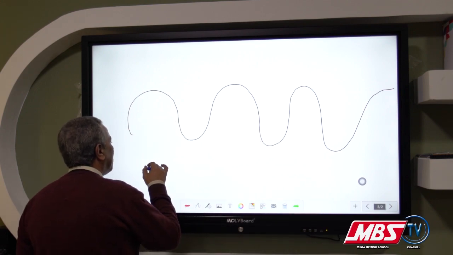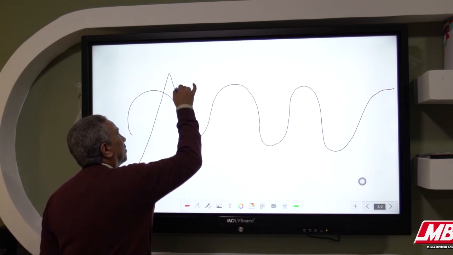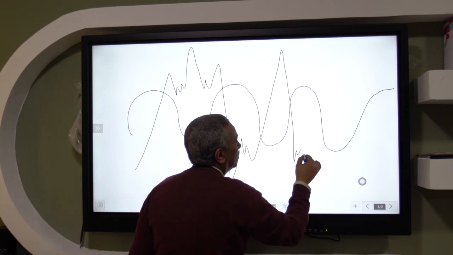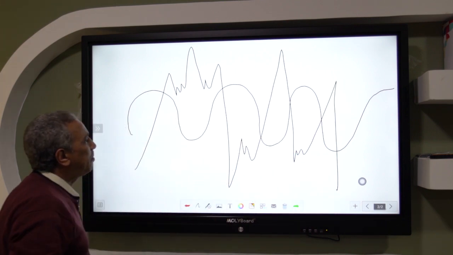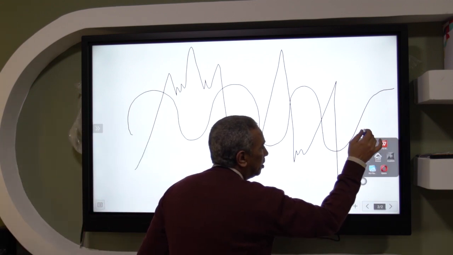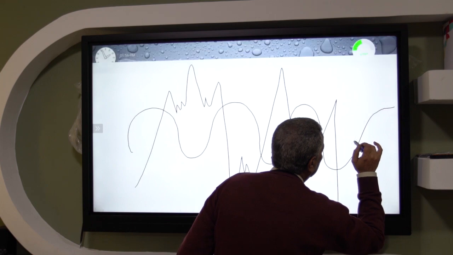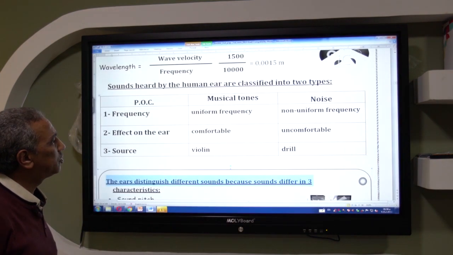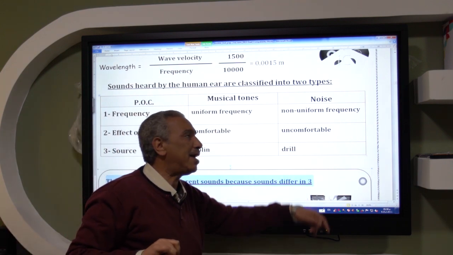But if I'm talking about a frequency like this, it is a non-uniform frequency. So there is a big difference between the uniform and the non-uniform frequency to differentiate between the musical tone and the noise.